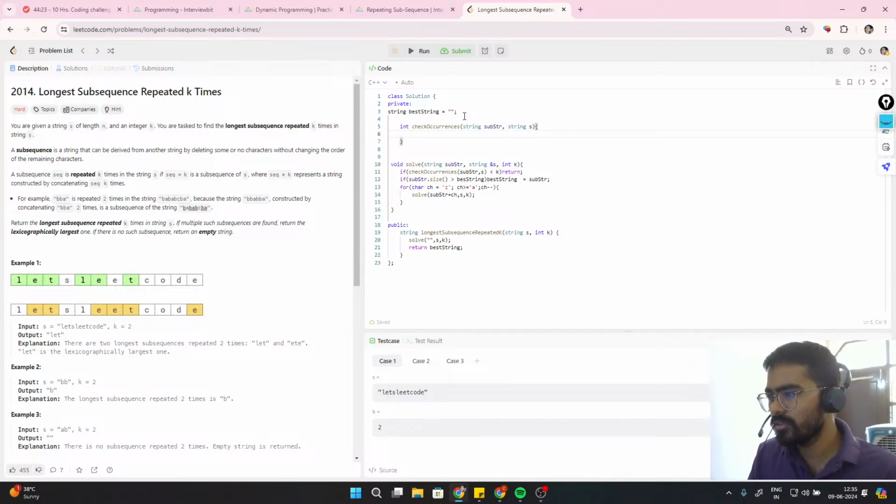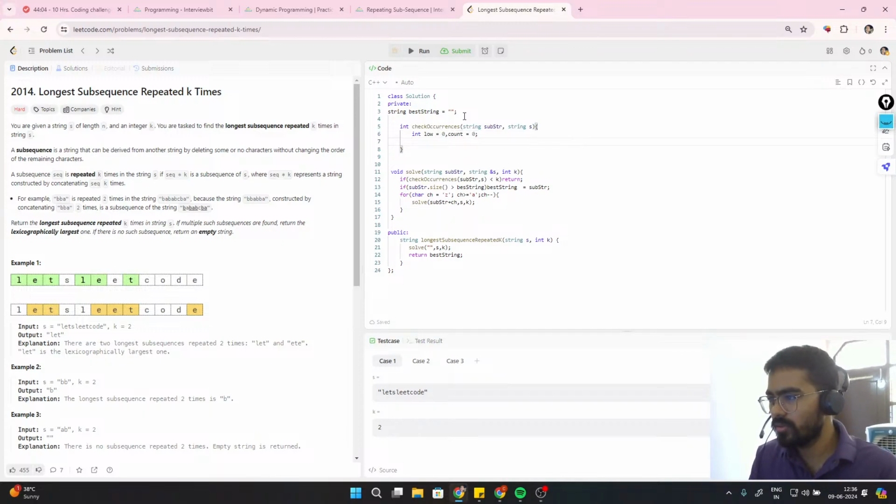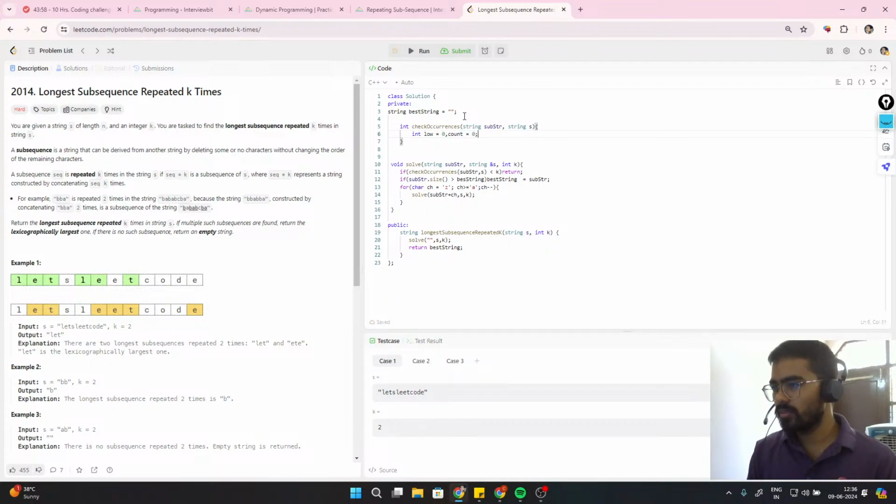Now I need to check how many times this substring is present in this s. So int i equals 0, low equals 0, and count equals 0.